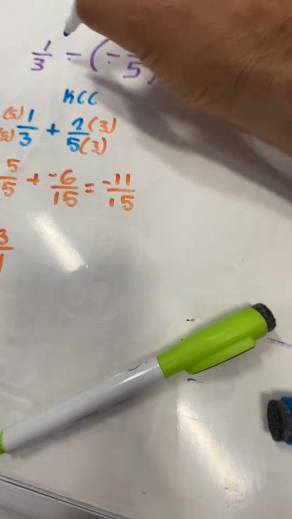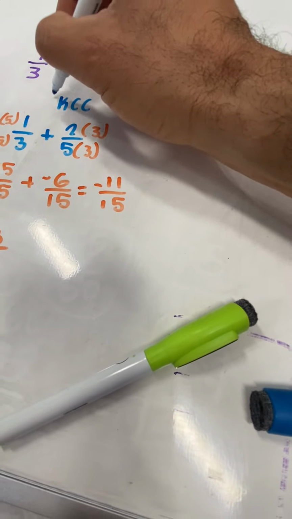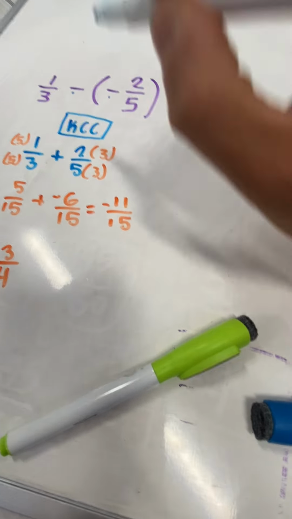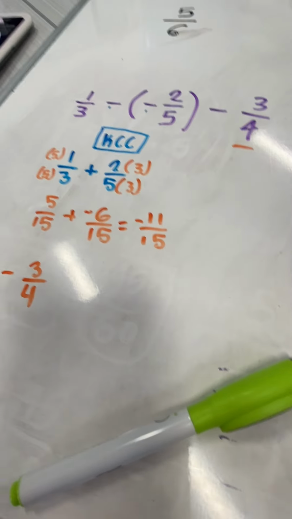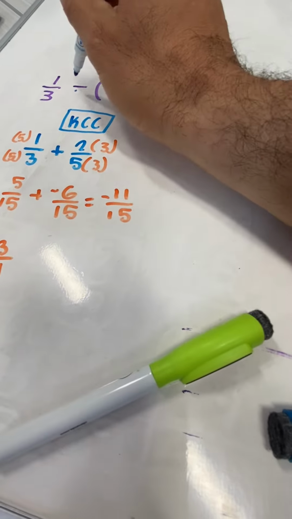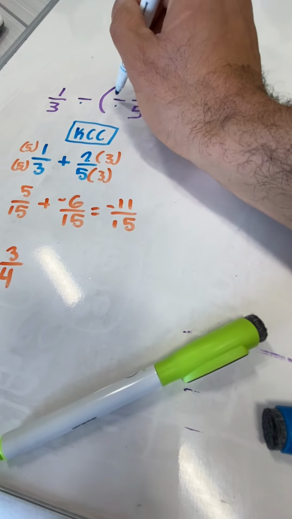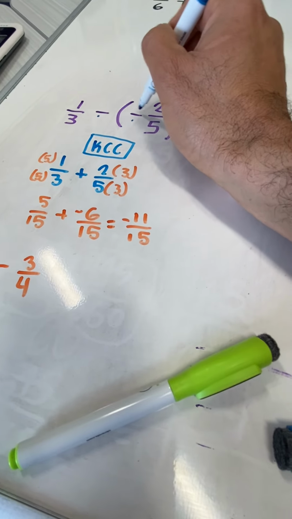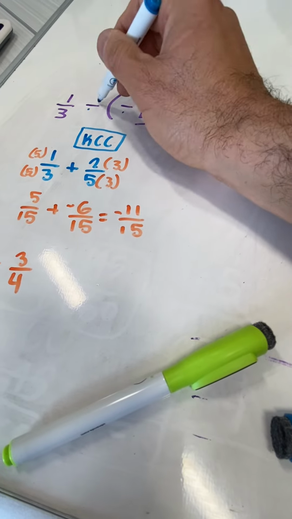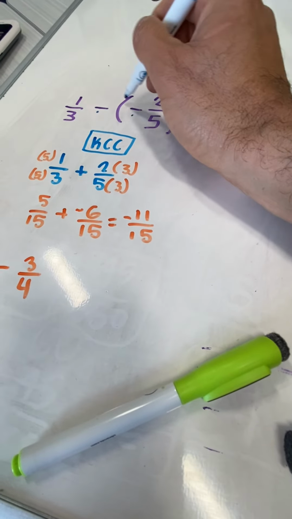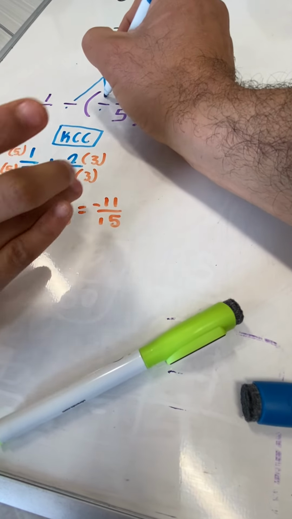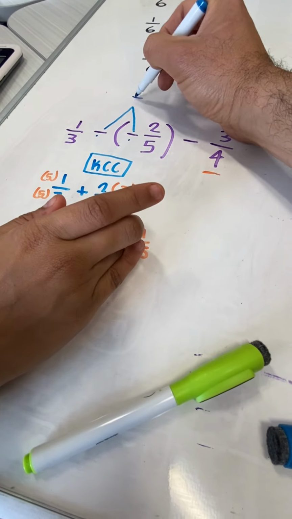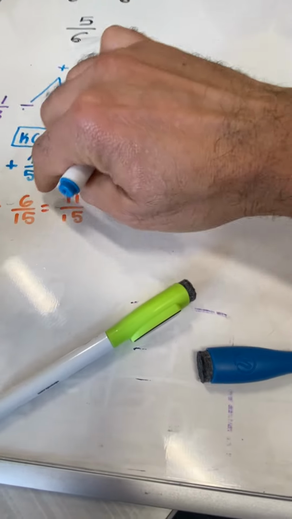Another way to think about it, I know KCC is something that is taught, but the different ways have to lead to the same correct result. So this minus with this negative, or this negative with this negative, these two, love, become a plus. And so there's no minus here.